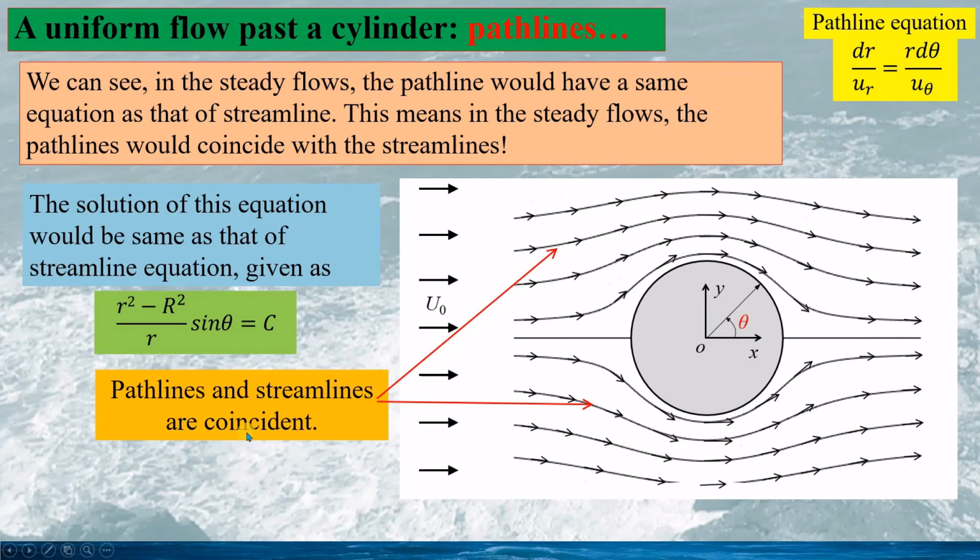So we can see the Pathline and the streamline are coincident for the steady flow of a uniform flow past the cylinder. So the black lines are the streamline and the Pathline. So this is the proof in the steady flow. The pathlines and the streamlines are coincident.